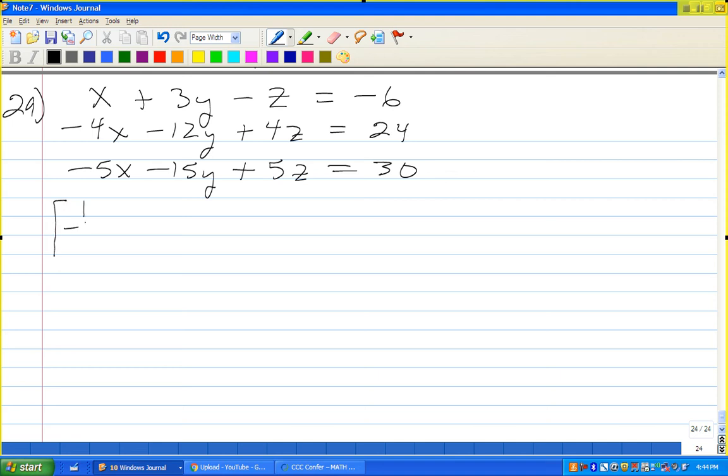So 1, negative 4, negative 5, 3, negative 12, negative 15, negative 1, 4, 5, augmented with negative 6, 24, 30. Okay, so let me pivot.